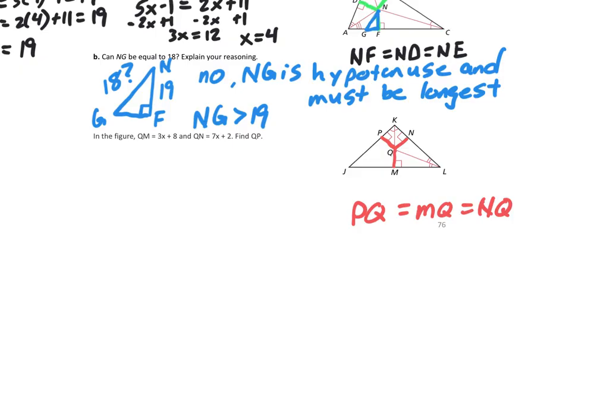Because we know Q is the in-center. So over here, I'm going to say QM equals QN. They give me an expression for QM, 3x plus 8. I'm going to plug that in, substitute it in. QN is really 7x plus 2.